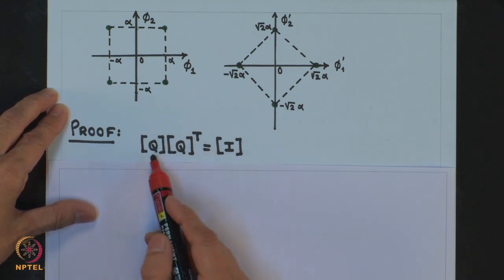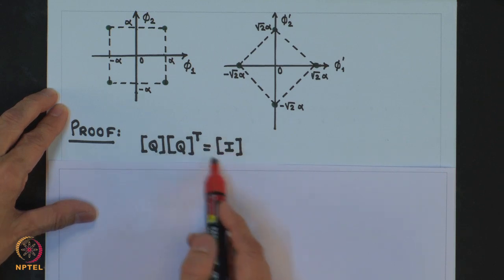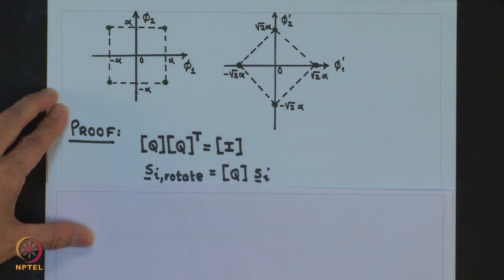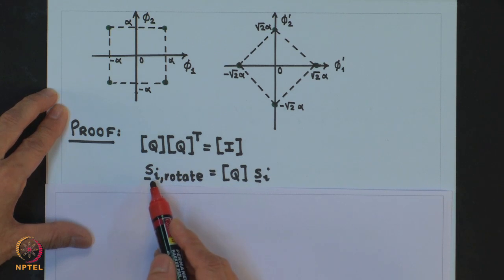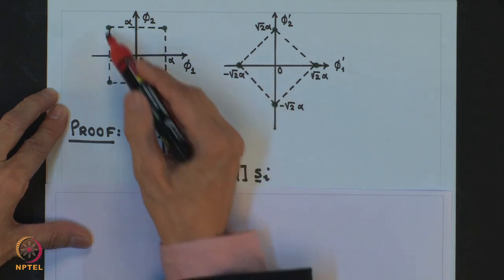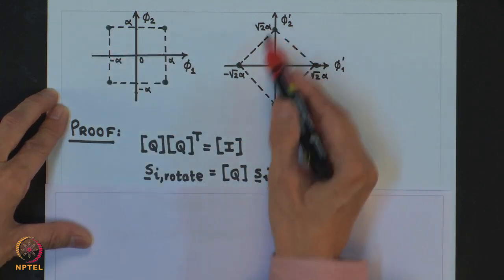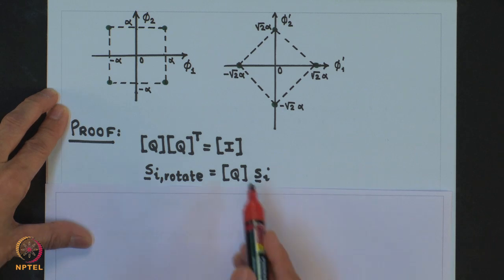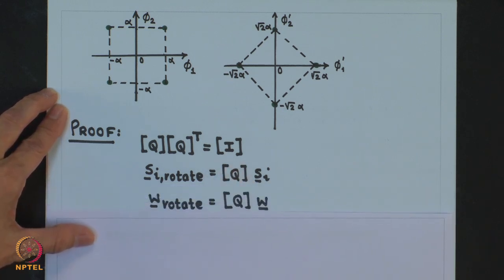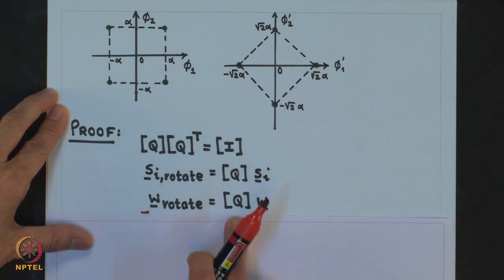What it implies is that this condition will be valid, where I is the identity matrix, all diagonal elements are 1 and off diagonal elements are 0. I carry out this transformation, so each of these points gets transformed to 4 different points using this transformation matrix Q. When I do this, the earlier noise vector also will go through the same transformation.